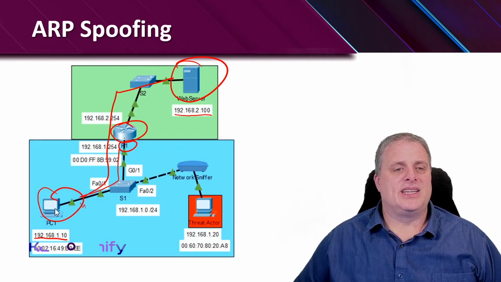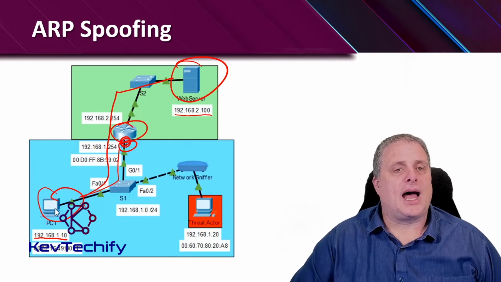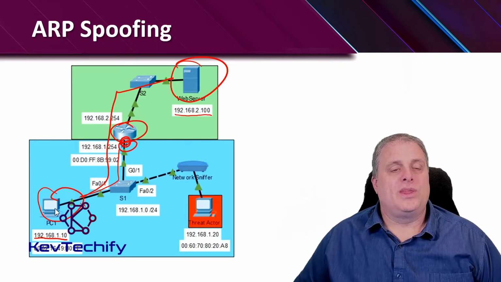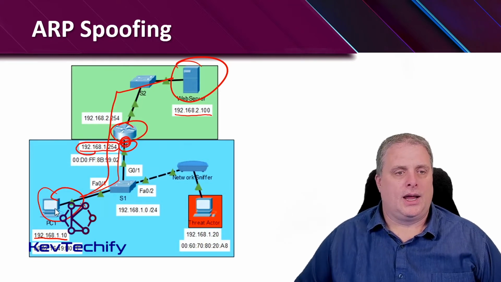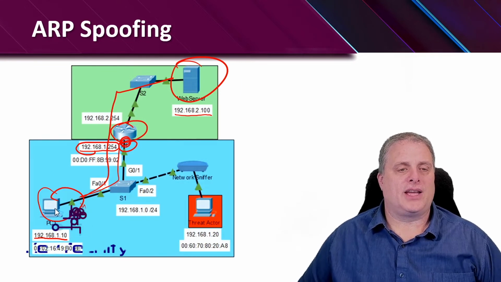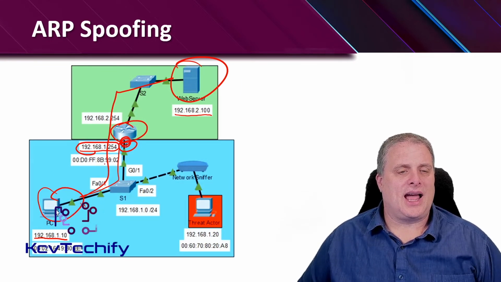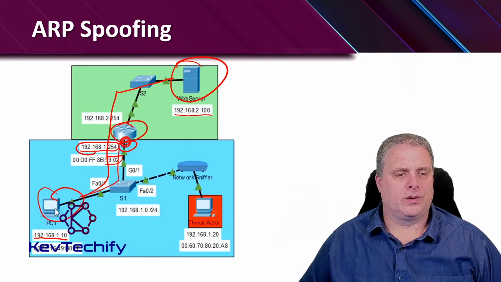R1 is acting as the default gateway of the network that PC1 is on, with an IP address of 192.168.1.254. And R1 has the MAC address ending in 9902.